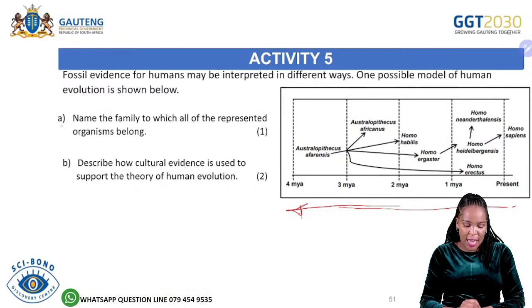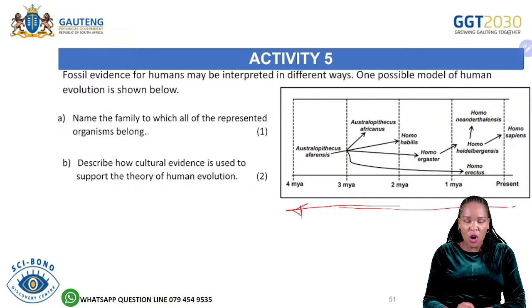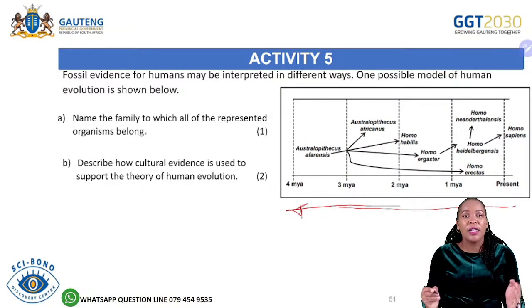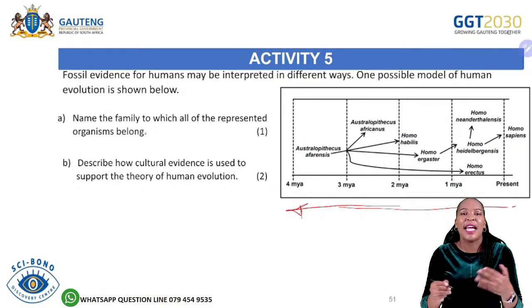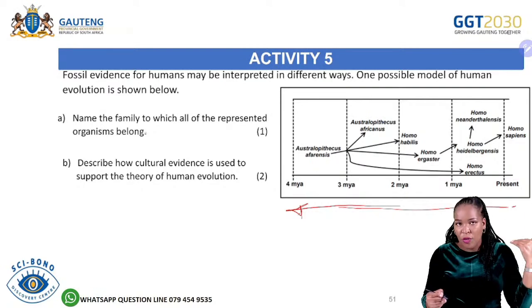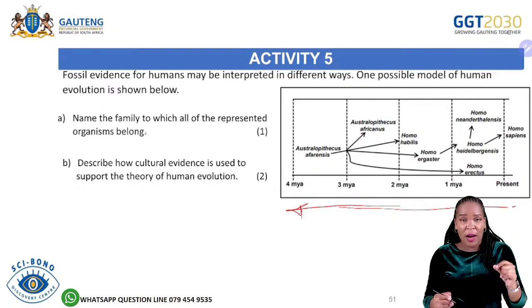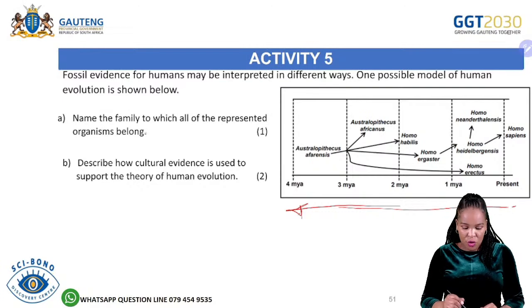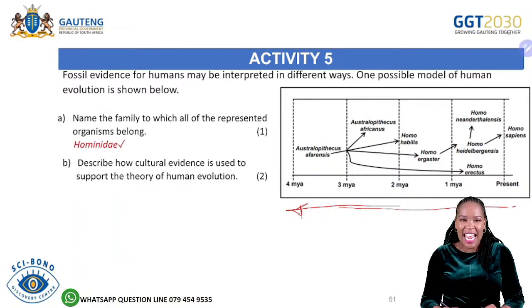Now, for A, name the family to which all the represented organisms belong. Free mark. You need to know this off by heart. Just know it at the back of your mind, you can use it whenever. This is just an easy mark for you. Which family? Hominidae.